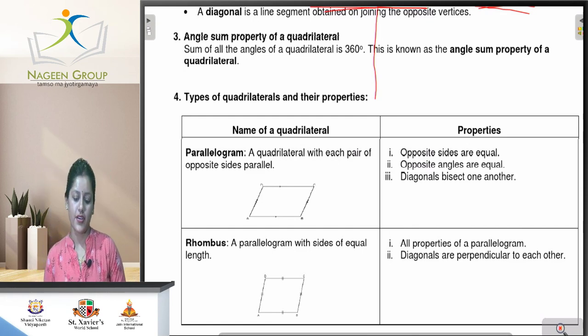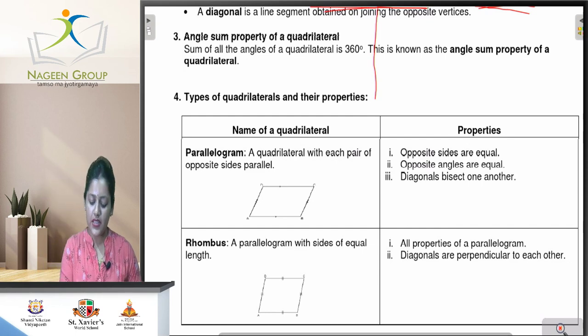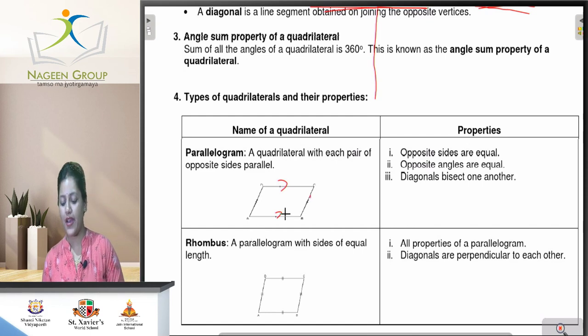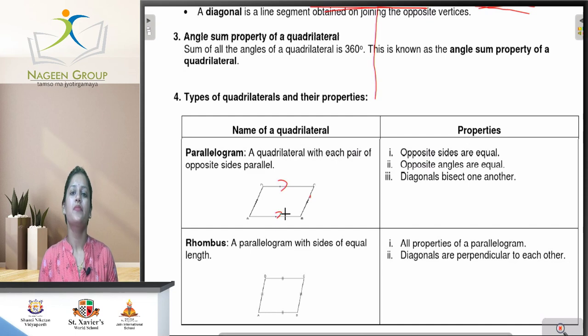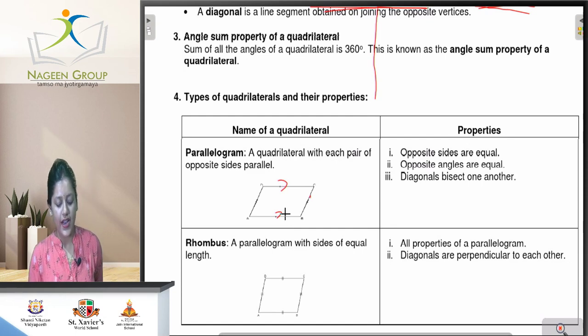Name of the quadrilateral: first, parallelogram. A quadrilateral with each pair of opposite sides parallel. The properties are: opposite sides are equal, opposite angles are equal, and diagonals bisect each other. After that, rhombus: a parallelogram with sides of equal length.